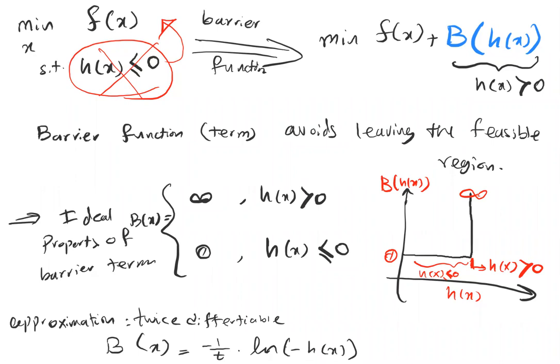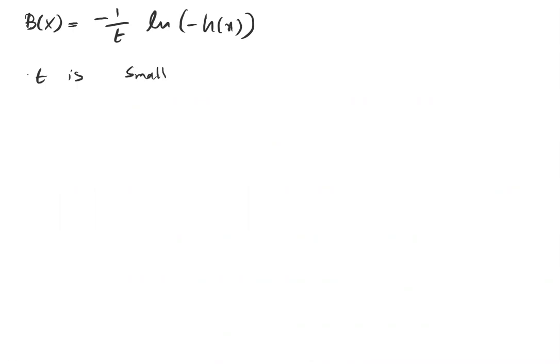Now we want to see some discussions of the barrier term. So let's write it down here again: minus 1 over t log of minus h of x. So for the features, t is a constant coefficient.